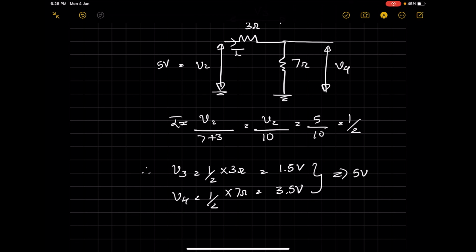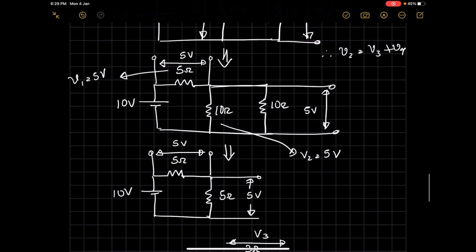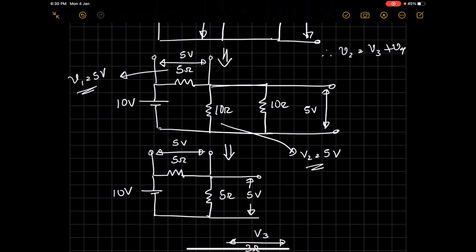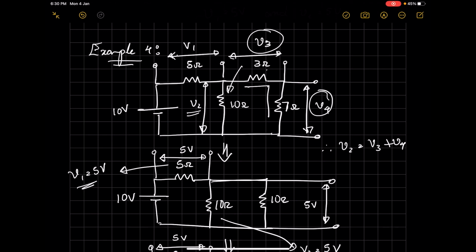So our calculation is correct, and we got all the voltages now: V3, V4, V2 and V1. If you understood all the 4 examples I solved, then you'll be able to solve any kind of voltage divider network.